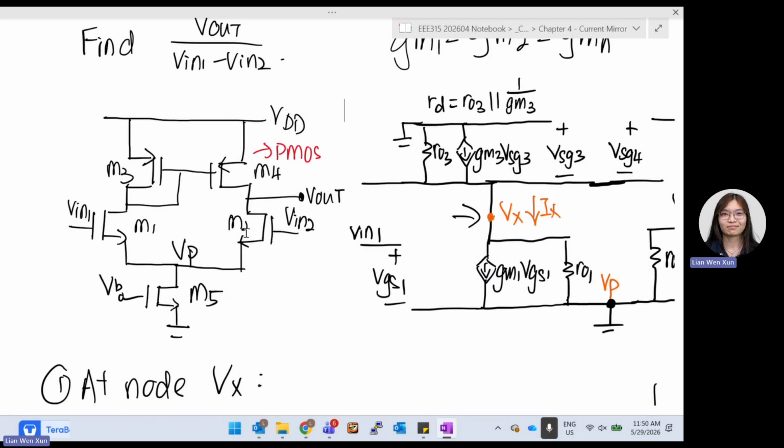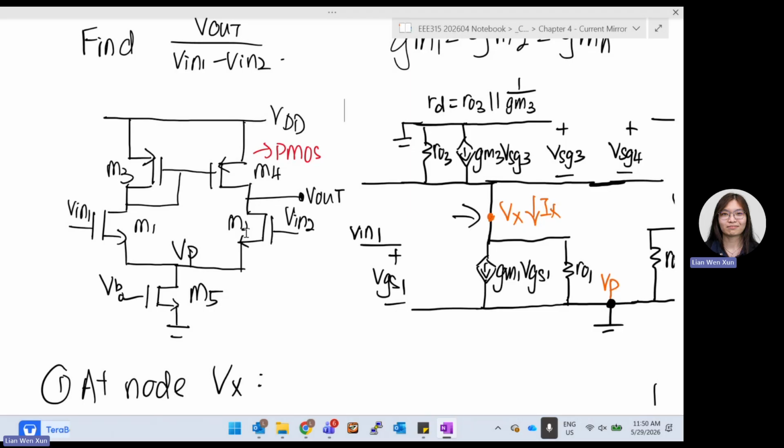Ix is just Vx divided by Rd. Although it's going down, you can see this is grounded. So if we just move it down, basically the current that's supposed to flow here is just Vx over Rd. So Ix equals Gm4 Vsg4 minus V out over R naught 4 directly.